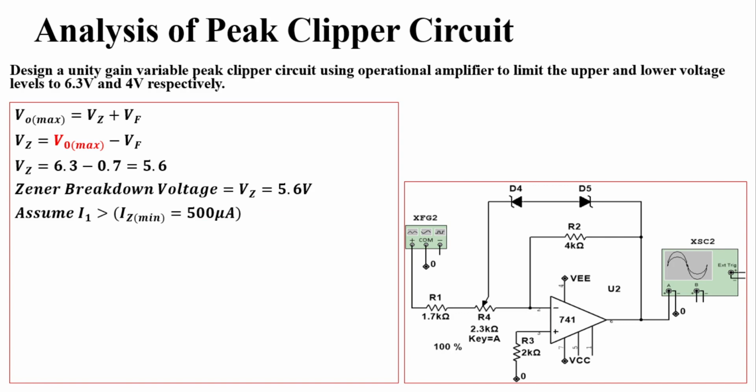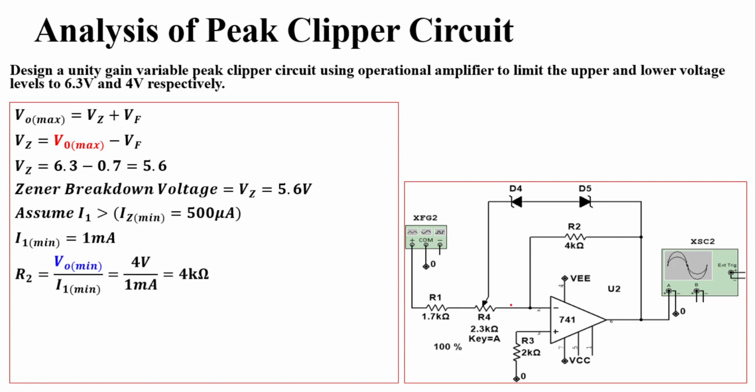For 741, the value is 500 microamperes. So in roundabout, we can take the current to be 1 milliampere, because this is also a very small value. So we are assuming the current entering into the op amp is somewhere around 1 milliampere.